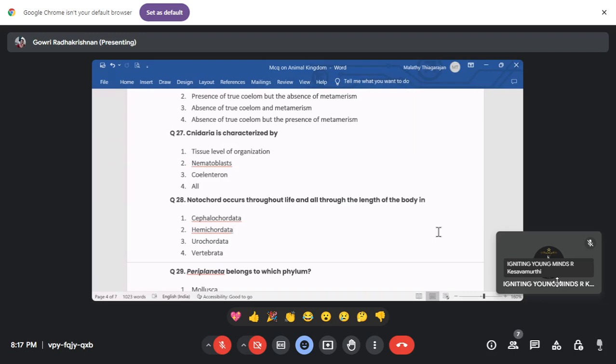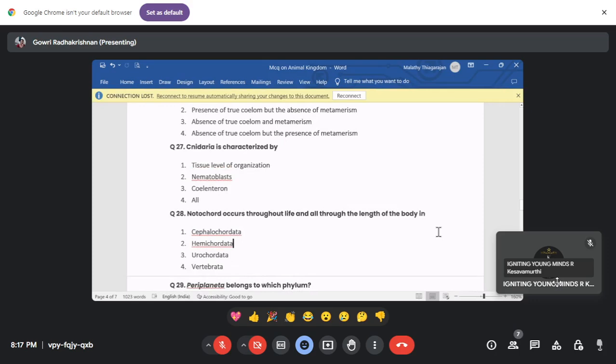So option 4, all. Everything is there in Cnidaria. Notochord occurs throughout life and all through the length of the body in? Cephalochordata.